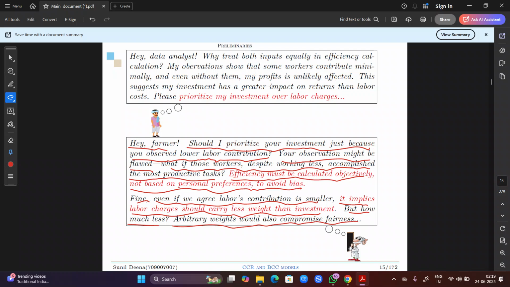Because investment is 3 units, that is 30,000, and labor charge is 0.5. If we add 3 plus 0.5, we are giving both equal importance, but the farmer is telling that he will not give equal importance to the labor; he is giving less percentage or less weightage.